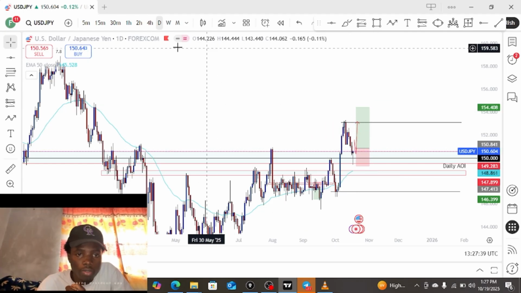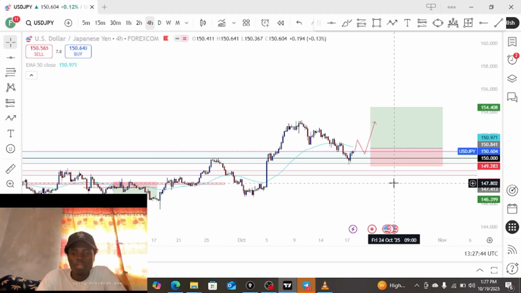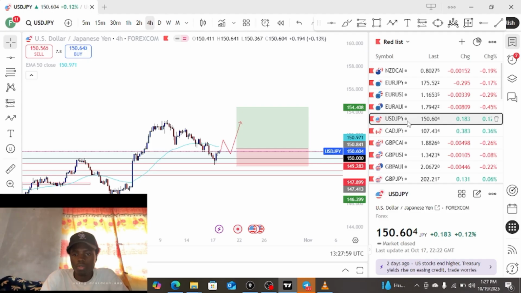So if we go to the 4-hour right here, I need the 4-hour to give me this break, shift of structure, give me the retracement. I'll look for my entry signal and take the trade.